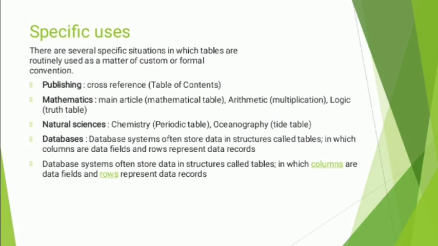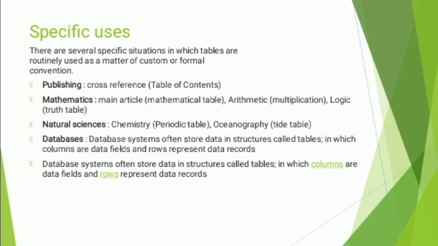Specific use. There are several specific situations in which tables are routinely used as a matter of custom or formal convention. First, publishing: cross-reference, table of contents. A second, mathematical tables: arithmetic, multiplication, logic, truth table.